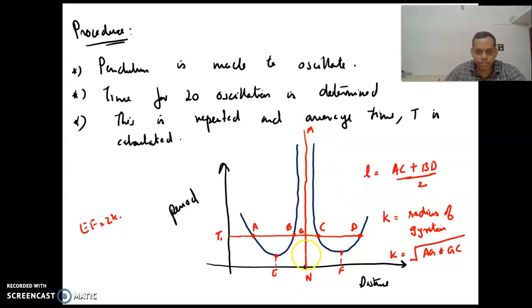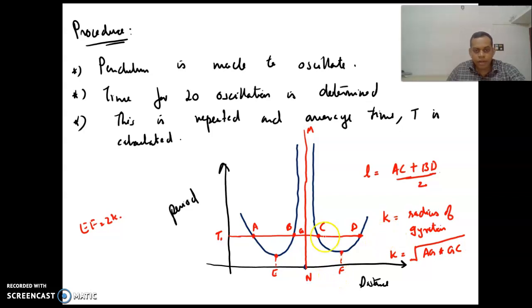Here MN shows the line drawn from the x-axis, representing the center of gravity. Now another line is drawn parallel to the x-axis from y. This line cuts A, B, C, D on the two curves.